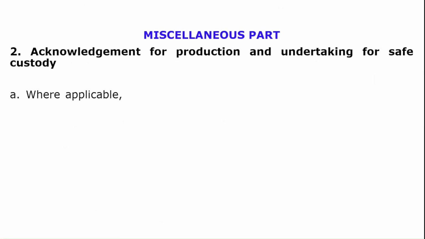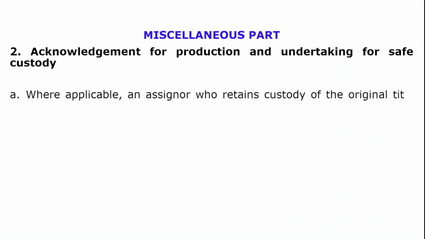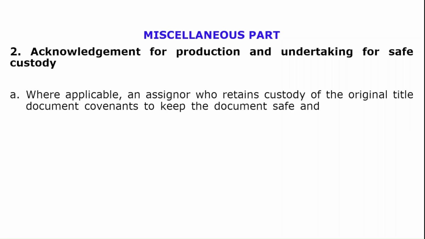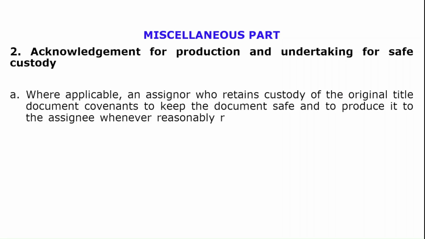So, where applicable, an assignor who retains custody of the original title document covenants to keep that document safe and to produce it to the assignee whenever reasonably required as evidence of title to the land. Just as we have said, let's say Chief Adeola now wants to perfect his title. Now we have gotten to the post completion stage, and that portion of land was covered by a global certificate of occupancy.